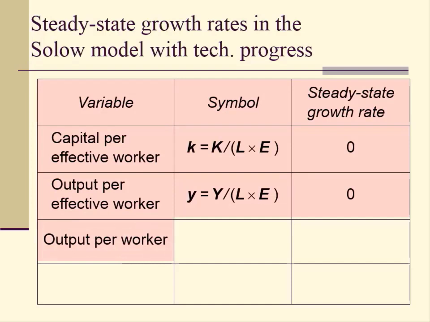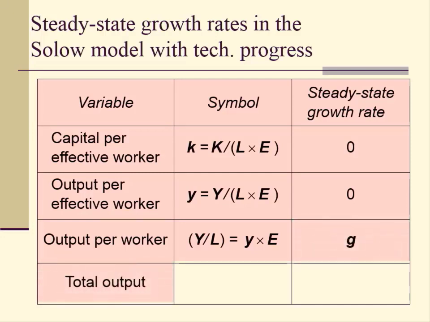But here, output per worker is actually growing because, as you can see, output per worker is capital Y over capital L. If you rearrange the definition, that should equal lowercase y times E. Since lowercase y grows at the rate 0, it doesn't grow, but E grows at the rate g, therefore at steady state, output per worker actually grows at the rate g.